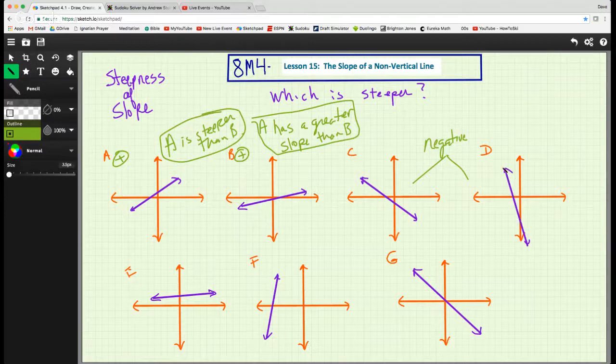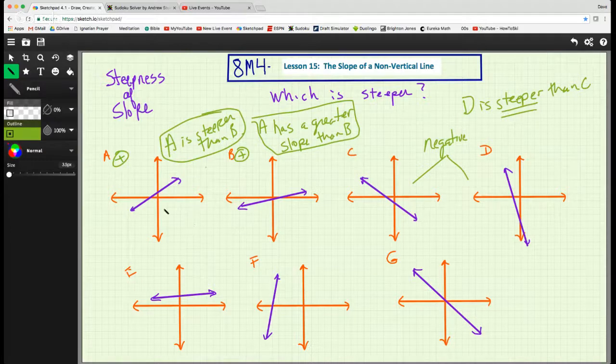For those of you who say D, D is steeper. It's a steeper mountain than C. We'll talk about that in a little bit, but it will have a greater absolute value for its slope. D is steeper than C.